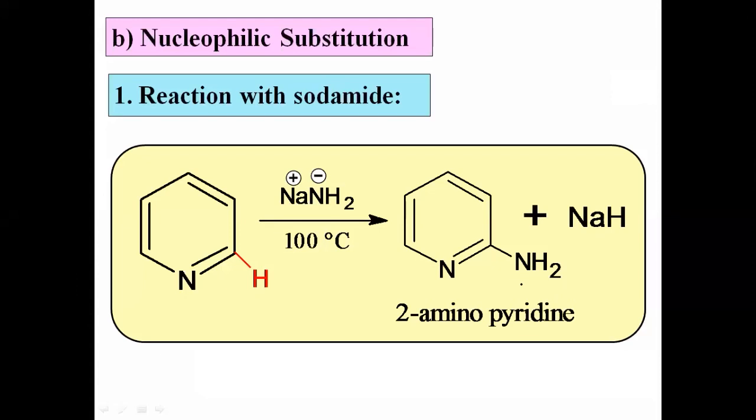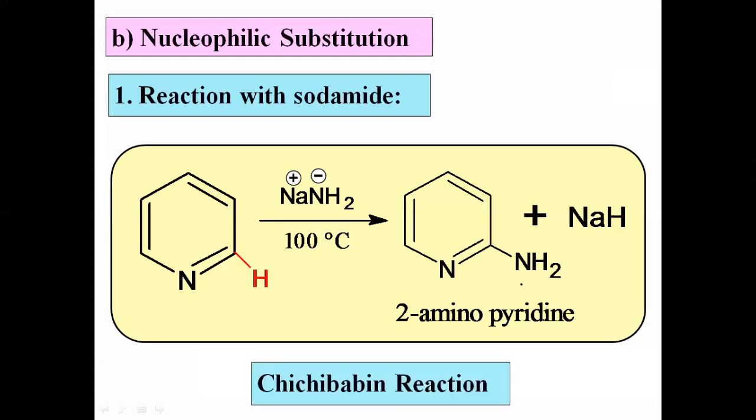We get 2-aminopyridine, and the byproduct is sodium hydride. This is an example of a nucleophilic substitution reaction. This interesting reaction is also called the Chichibabin reaction. Name of that particular reaction, an interesting name also.